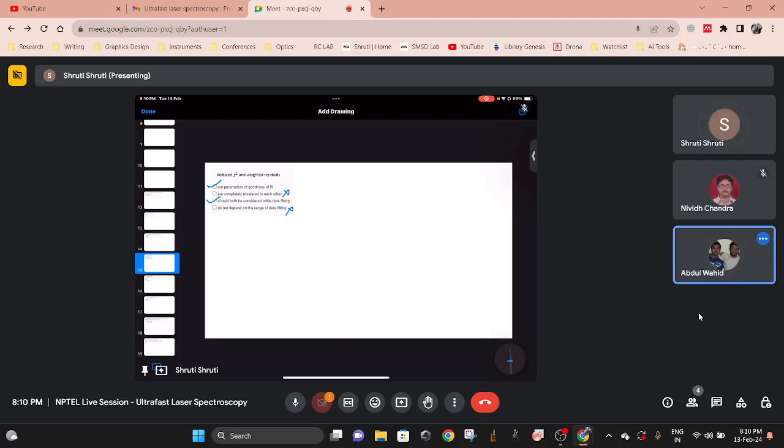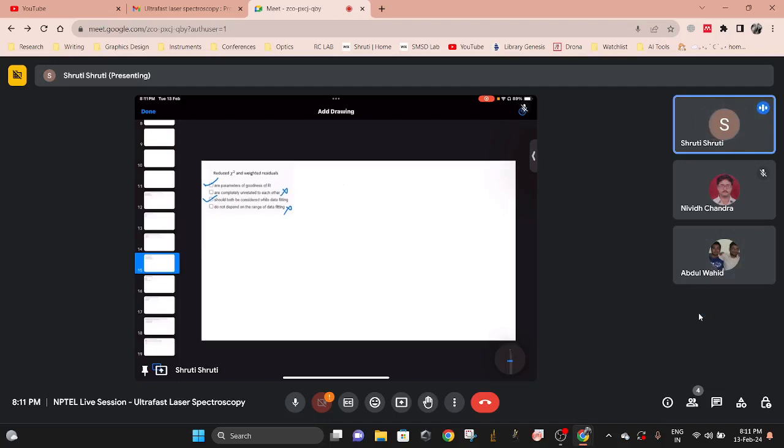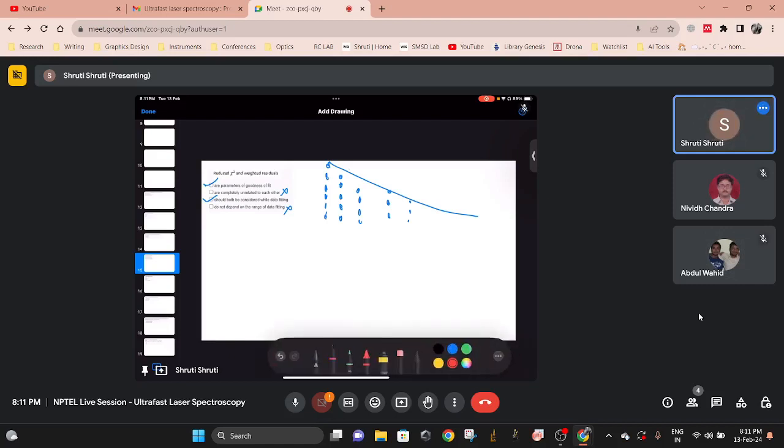So simply, what happens is when you fit your decay. Now a decay is some sort of histogram, right? This histogram needs to be fitted with, depending upon the case, a single exponential or multi exponential, because it's a decay.